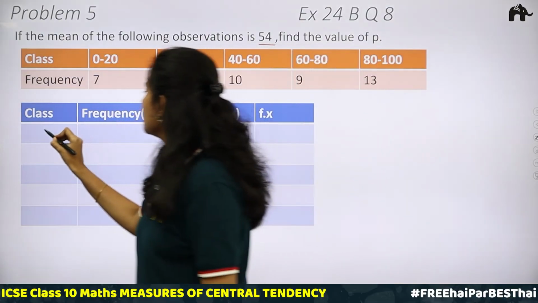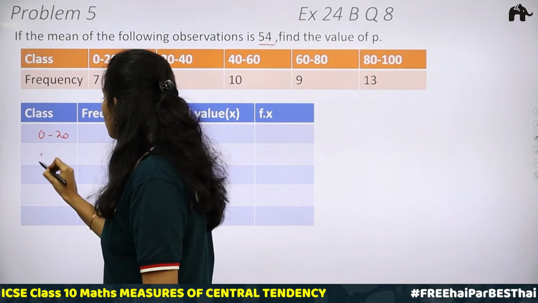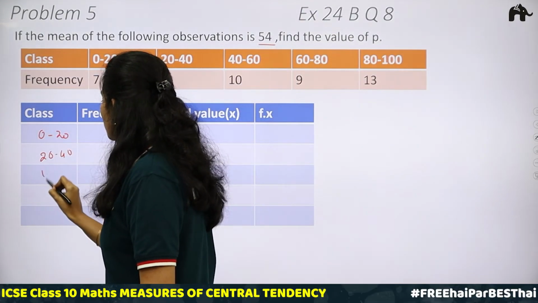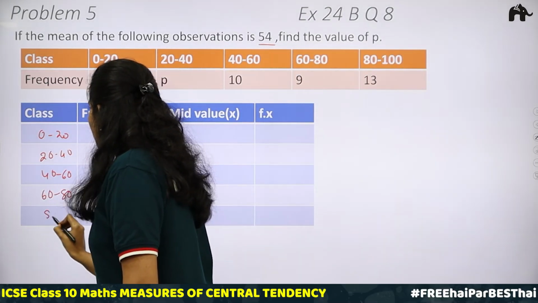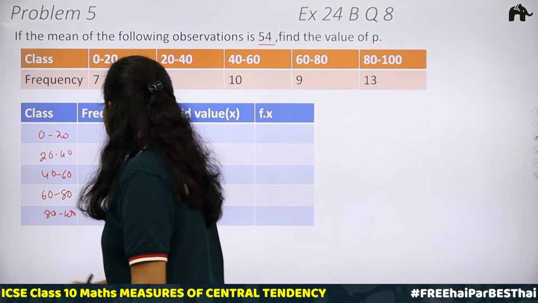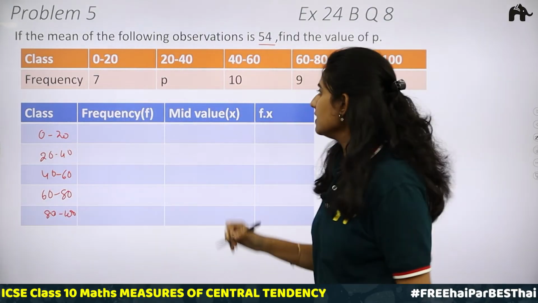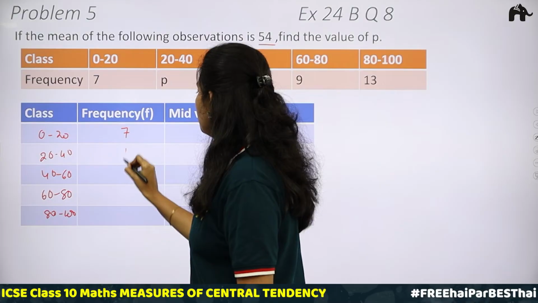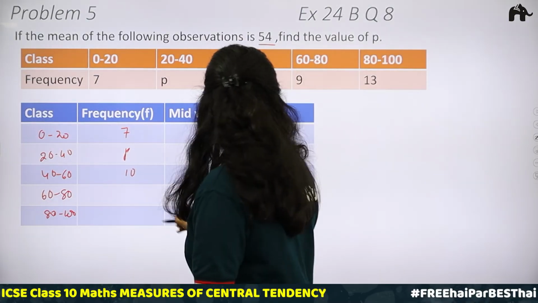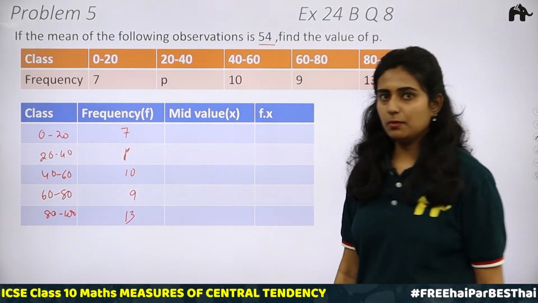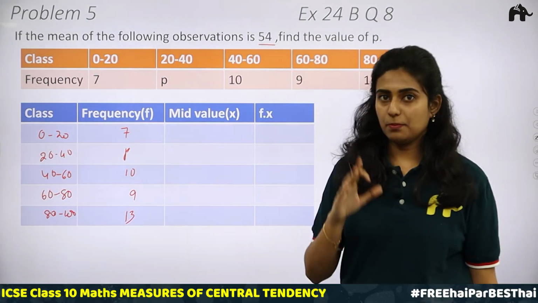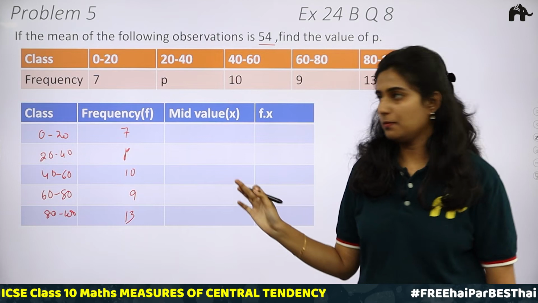Class here it is 0 to 20, 20 to 40, 40 to 60, 60 to 80 and 80 to 100. Frequency. What are the frequencies? 7, P, 10, 9, 13. These are the frequencies. Now find the mid value. How to find mid value? Upper limit plus lower limit divided by 2.